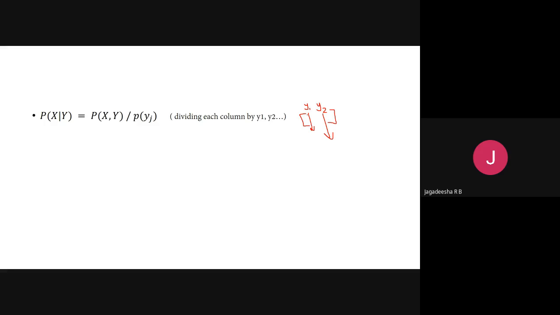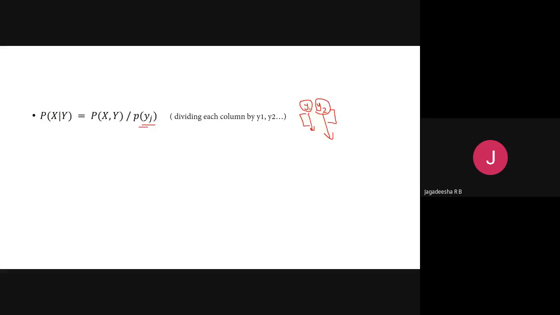This item y1 we are going to use here to divide, and the second item y2 we are going to divide here. Every element will be divided by the corresponding column item. We have examples later on, but I am just giving you an idea.